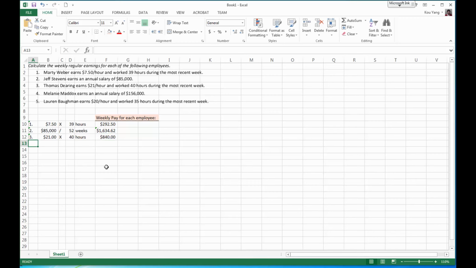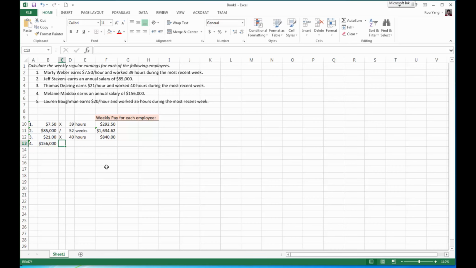Number 4, Melanie Maddox earns an annual salary of $156,000. Once again, we are looking at a weekly payroll, so we're going to have to break it down. We know how much she makes annually, it's $156,000.